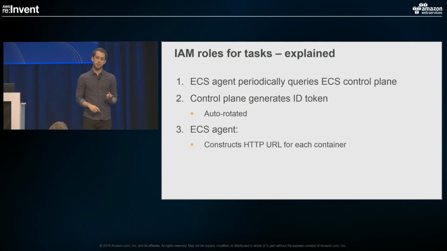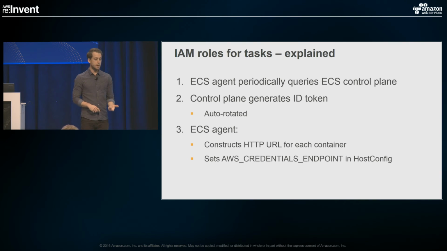The ECS agent is going to do two things. First, with that ID token, it's going to construct a unique HTTP URL. And it's going to set that URL in a local environment variable so that each container running on that instance has a path to pull its specific role that's getting auto-rotated in the backend.